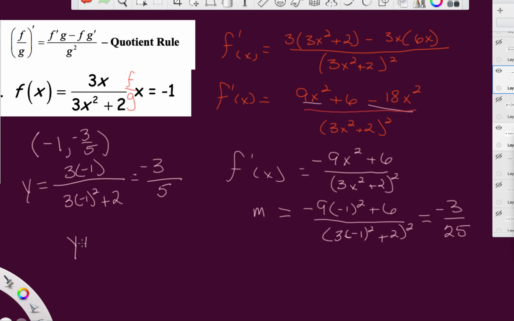Minus a negative is plus a positive. y plus 3/5 equals negative 3/25 times x, and then this is also negative, so I'm going to plus 1. Okay, there it is. That's the answer. I'm going to move on.